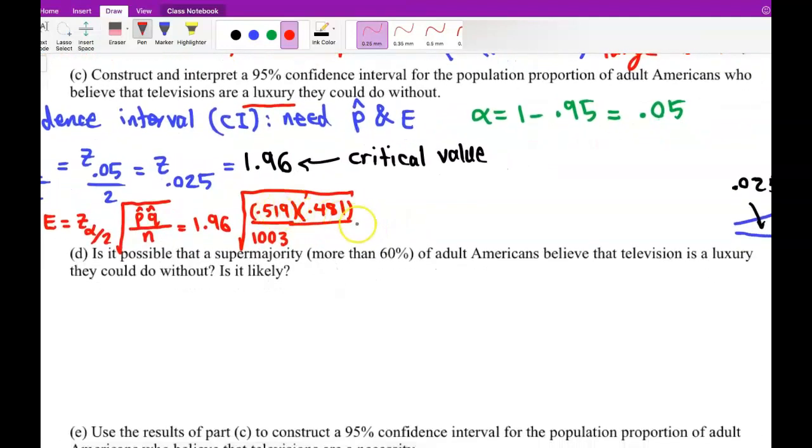So rounding that, the answer is 0.031. So this is our error.